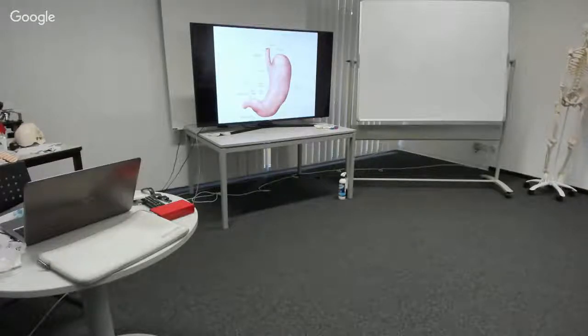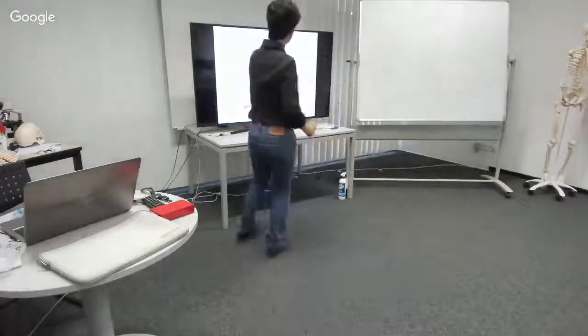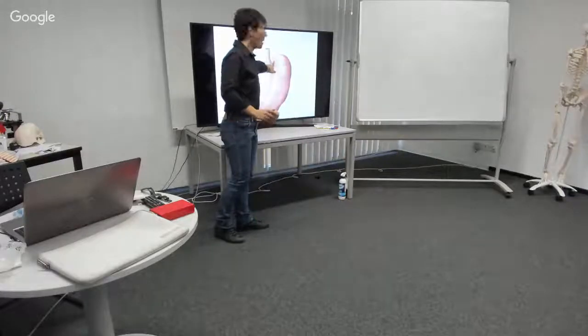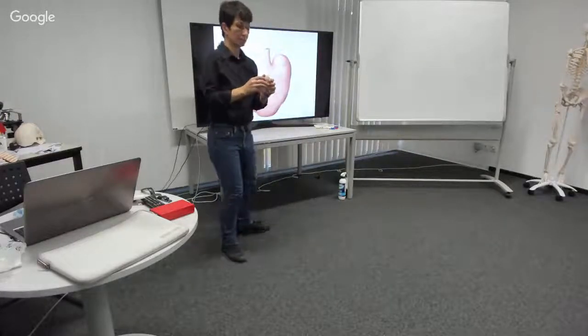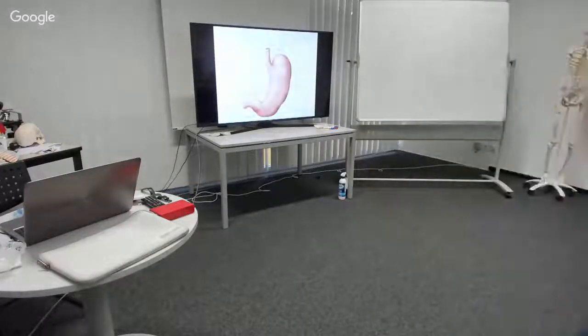What does this mean? That we have an area in the stomach that is close to this opening, which is the cardia, where the secretion of the stomach is not acid. So here I do not produce acid.